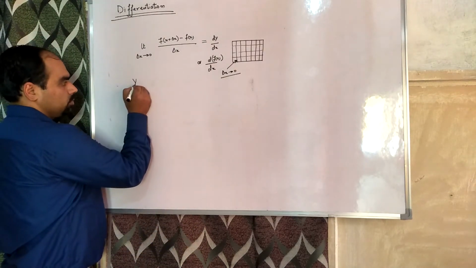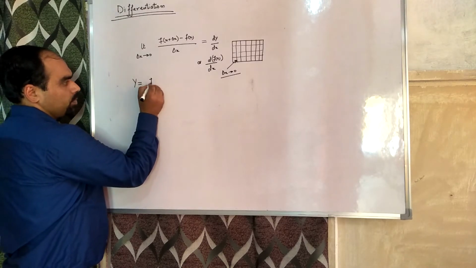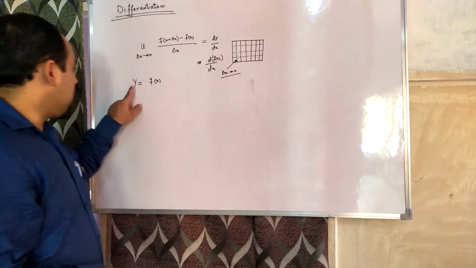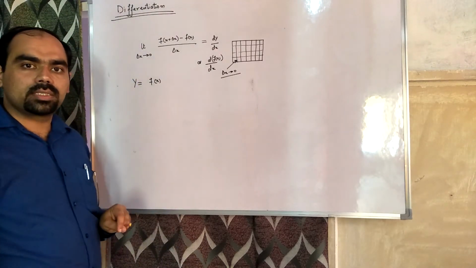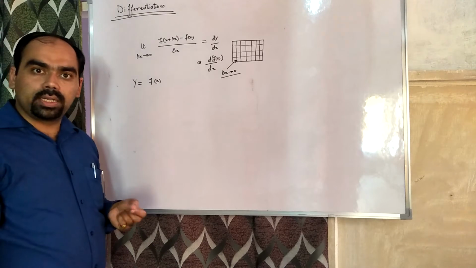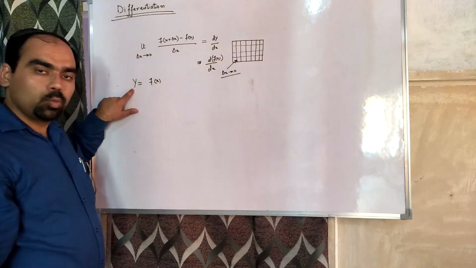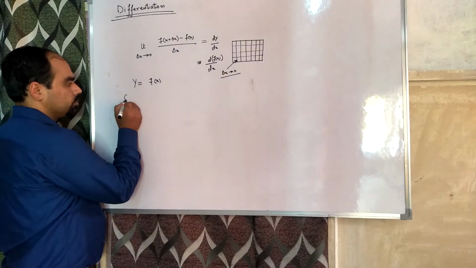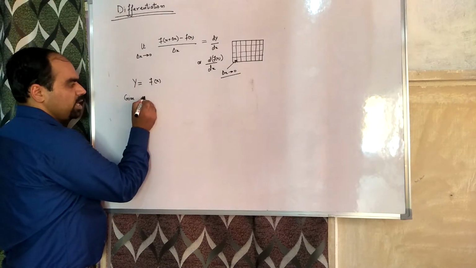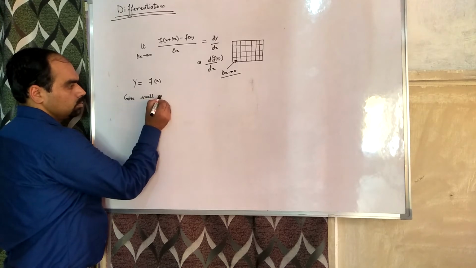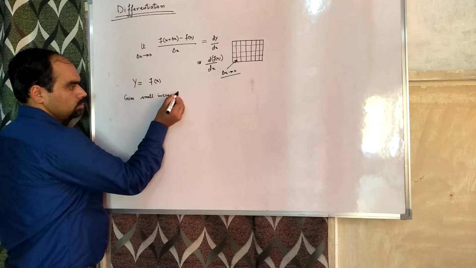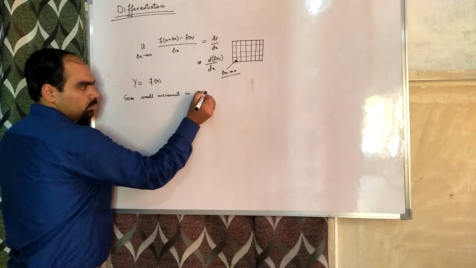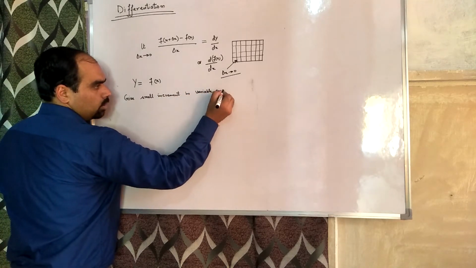Let's suppose a function. Suppose y, and y is a function of whom? Of x. So y is equal to function of x. Now we need to what? We want to get the increment in this function. So give small increments in variables and function.